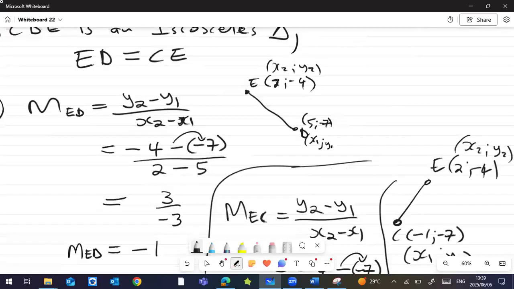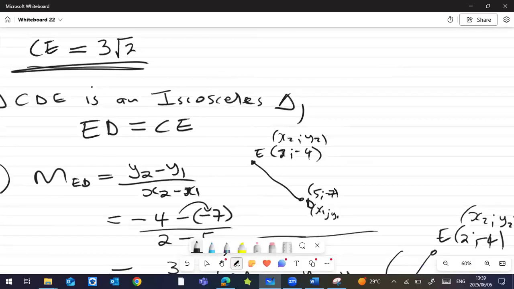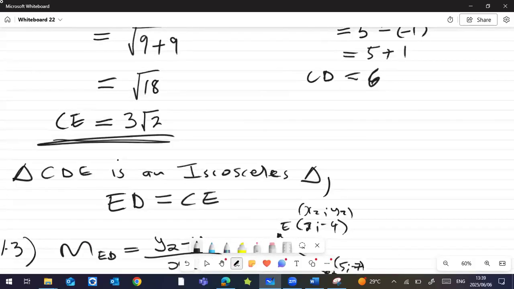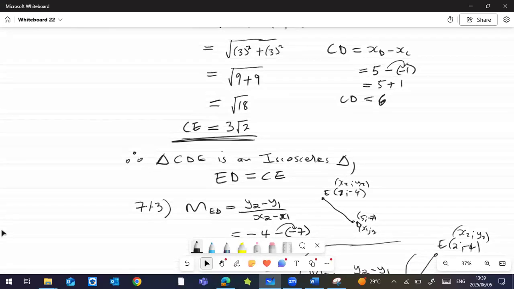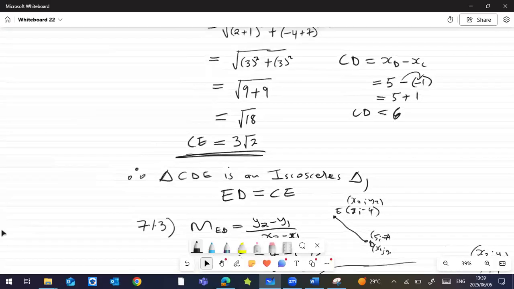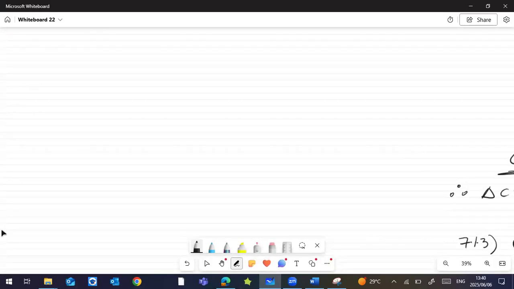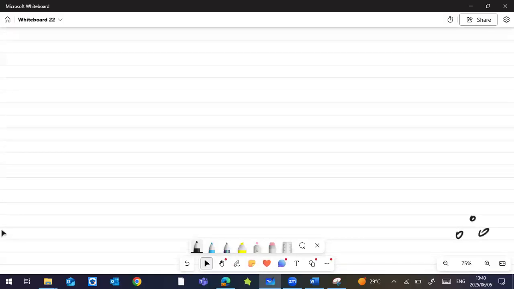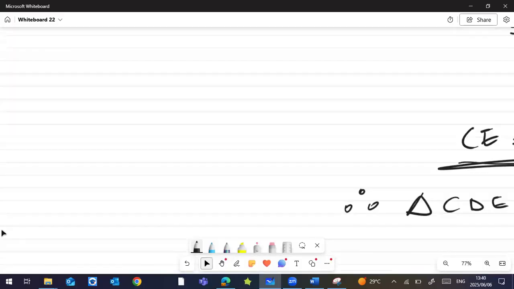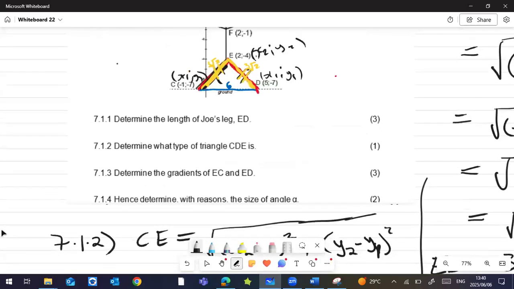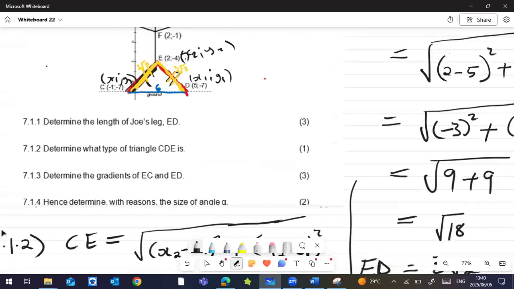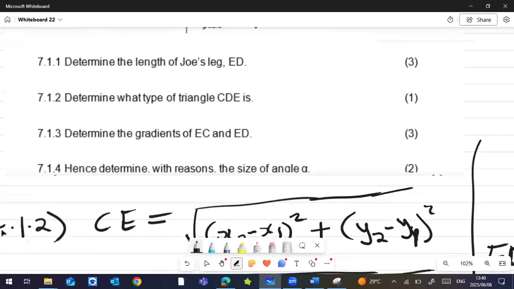We need to look at question 7.1.4. Let's just look at it here. I'm trying to retrieve it. Yeah, 7.1.4: hence determine with reasons the size of angle alpha.